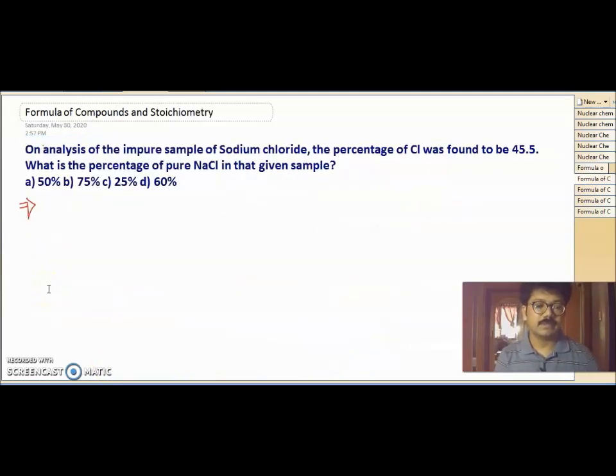The next one is: on analysis of an impure sample of sodium chloride.